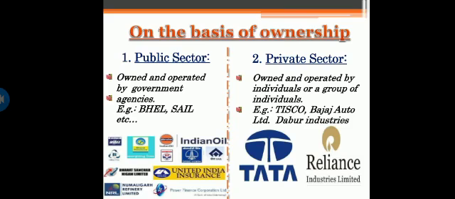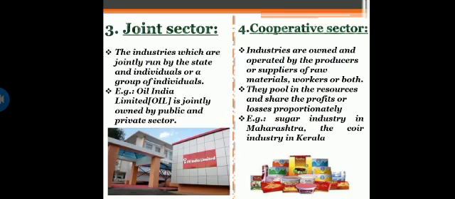Private sector: these are owned and operated by individuals or a group of individuals. For example, TISCO, Tata Iron and Steel Company, Bajaj Auto Limited and Dabur Industries. Dabur is from Dayanand Burman, for your information. Clear? TISCO, Bajaj Auto Limited, Dabur Industries are a few examples of private sector industries. So these are public and private sector industries.